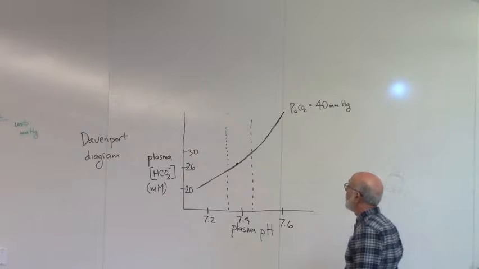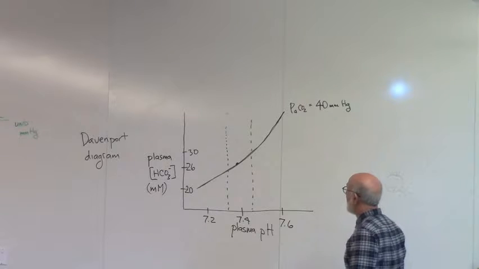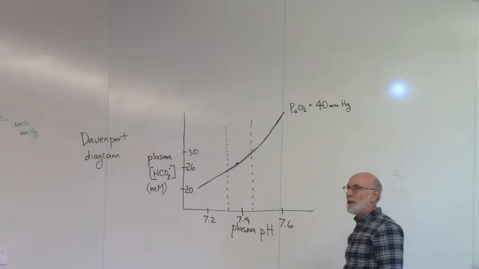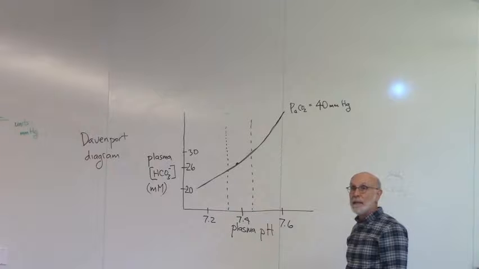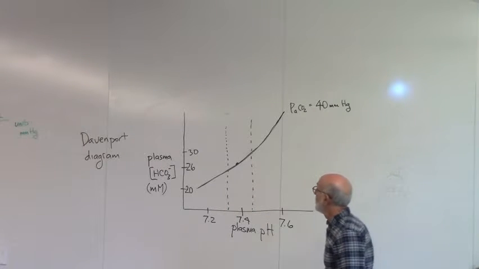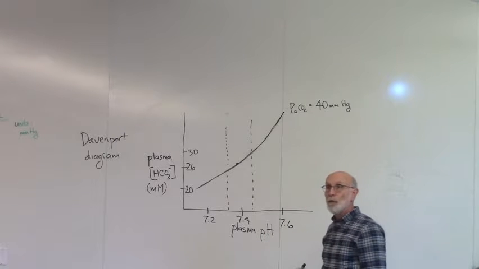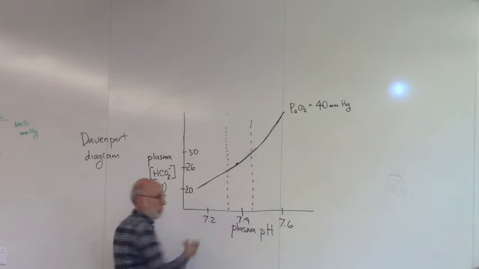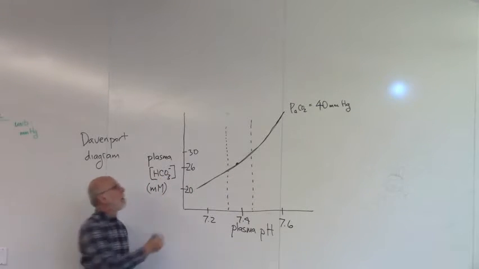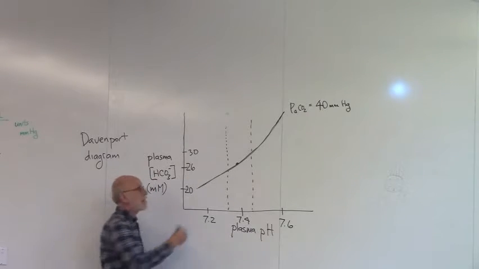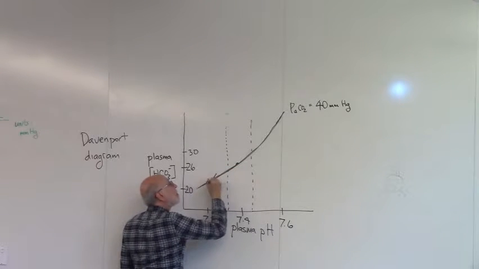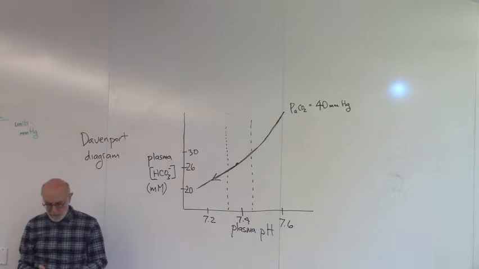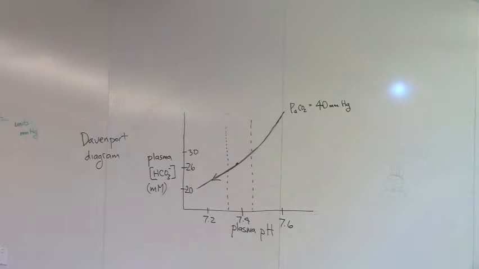So for example, if something in our body produces acid, and we don't change respiration, which direction would we move on this curve? Something is producing acid, we would acidify. pH goes down when there's acid. And so that, let me use a different color here.